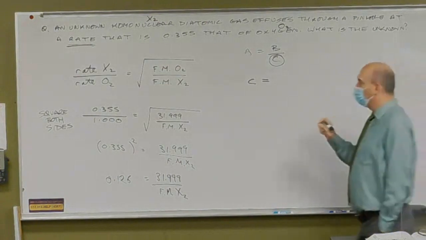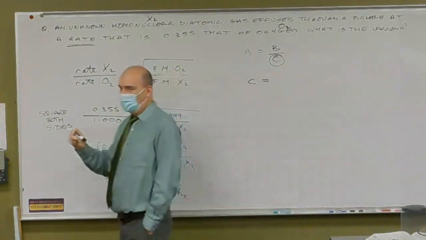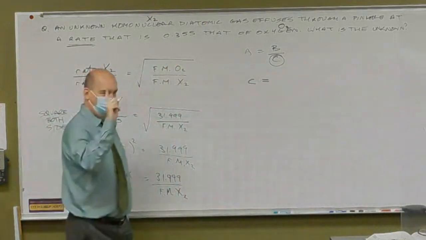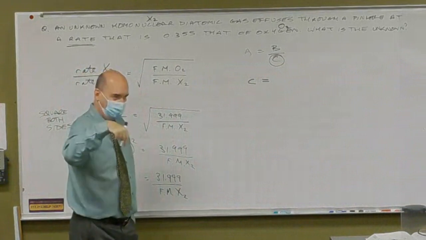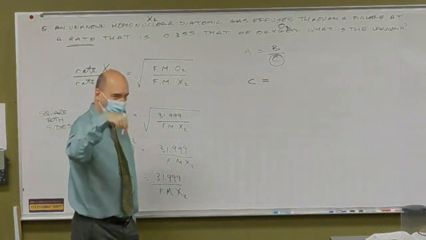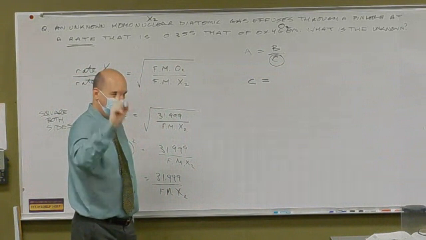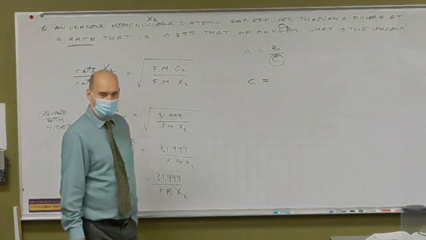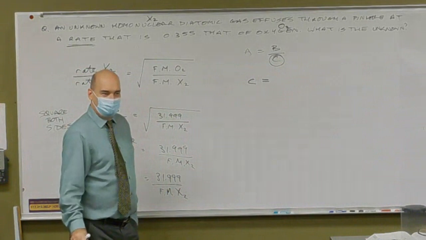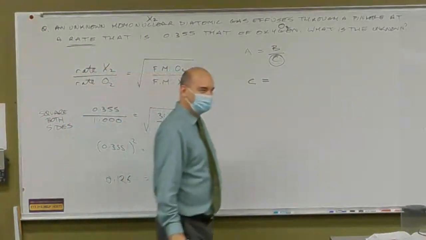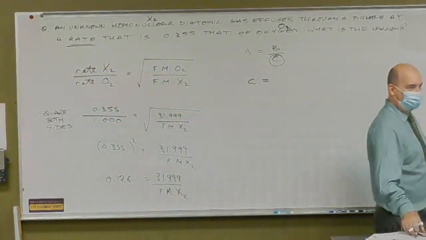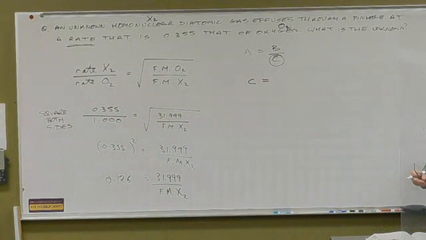Every time you move a term across the equal sign, it changes. If it's a numerator, it becomes a denominator. If it was a denominator, it becomes a numerator. Write it down and let's see if we can figure it out.